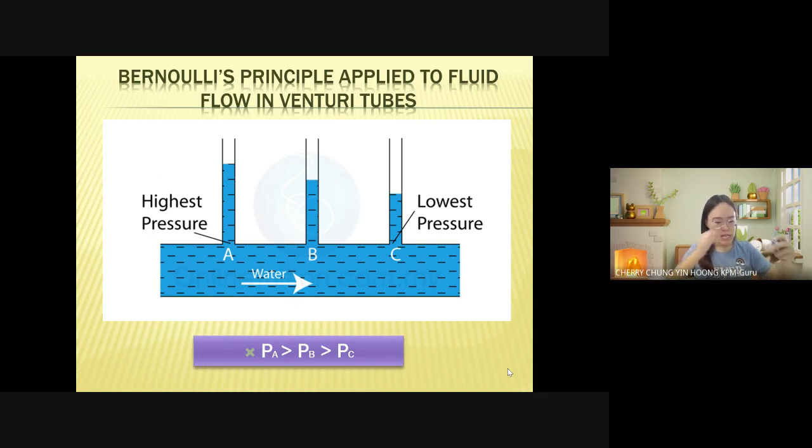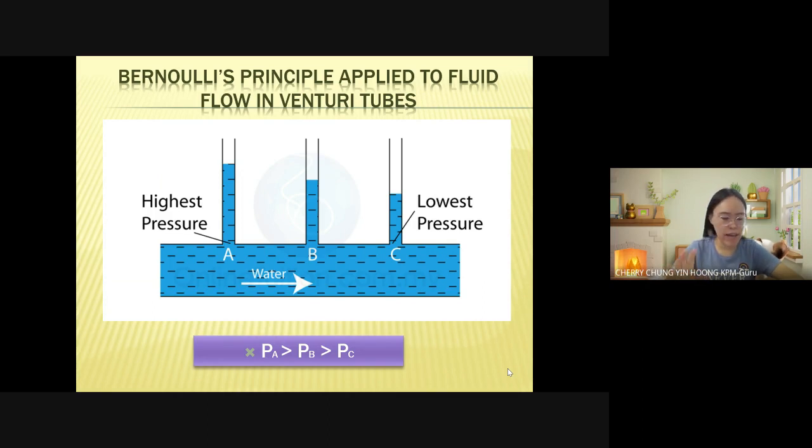Okay, next we look at Bernoulli's principle and the principle of conservation of energy. This is extra information for you. When the fluid flows in a narrow space, the fluid with high speed has higher or lower kinetic energy?